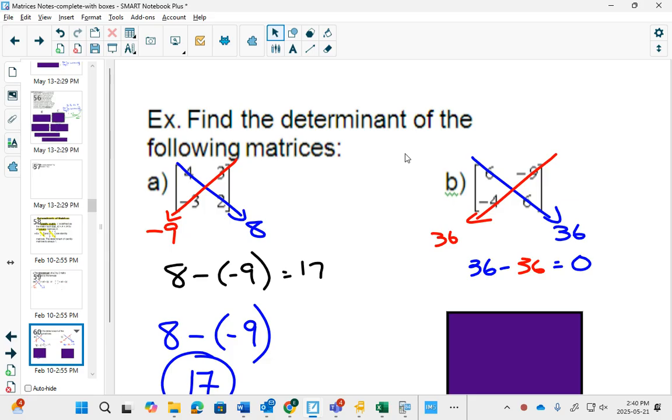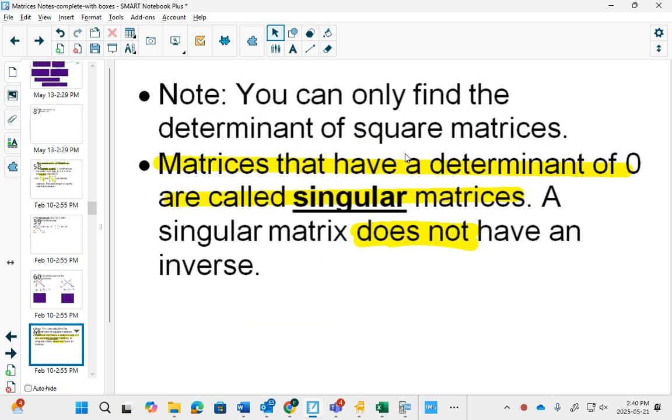We're going to find out that when we use inverses in matrices, inverses give us the number 1 when you multiply them together. When they cancel each other out, it's like dividing. 5 divided by 5 is 1. So an inverse times a matrix is going to be the identity matrix in the end. Does it make sense that you can only find the determinant of a square matrix?